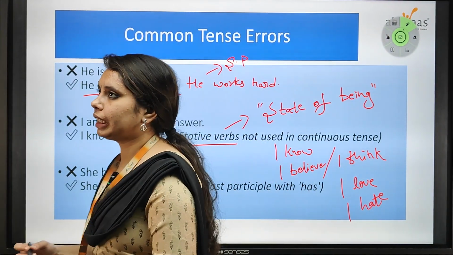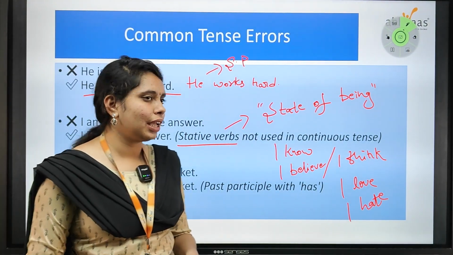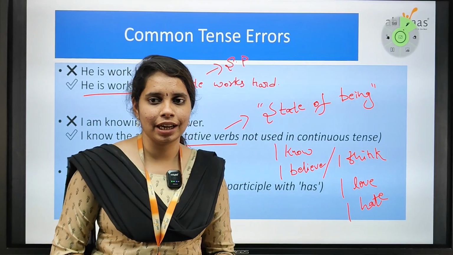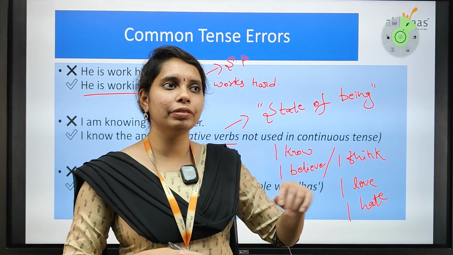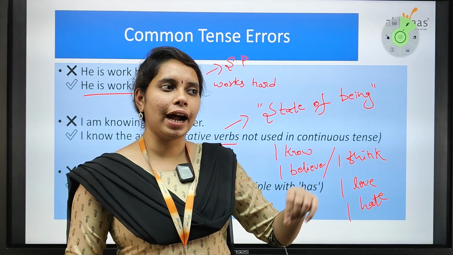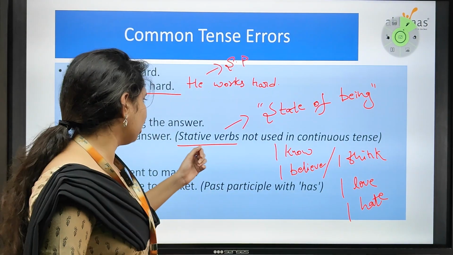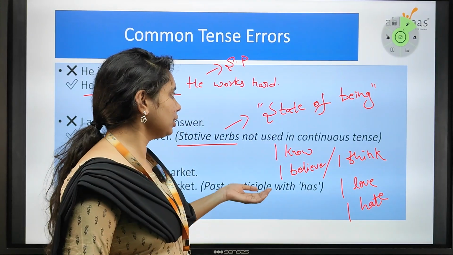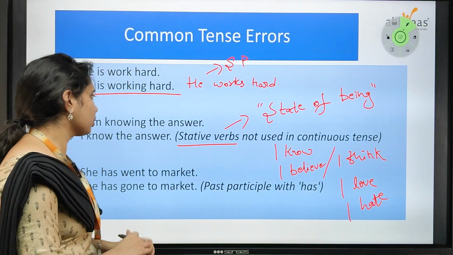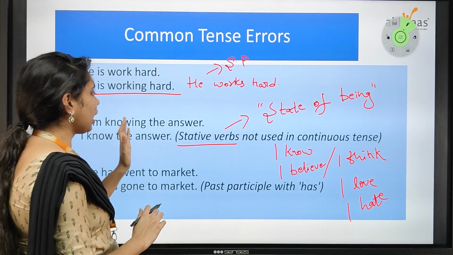That is why you don't say, I am hating this person, I am believing this religion. You don't say that. I believe in this religion, I hate this person, I know the answer. Whenever stative verbs are present, you will always go for simple V1, not ing forms.